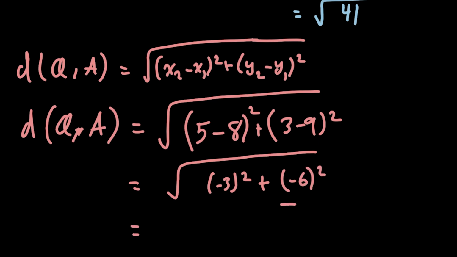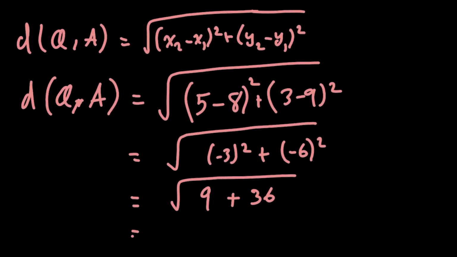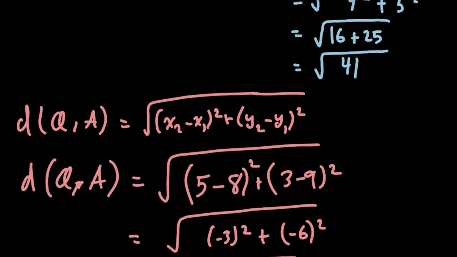And that would equal the square root of minus 3 to the power 2 is 9, plus minus 6 to the power 2 is 36. And that would equal the square root of 45. As you can notice, the square root of 45 is greater than the square root of 41.